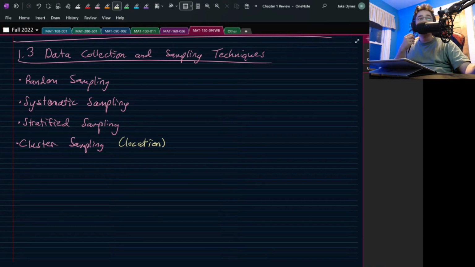It says here the population is divided into groups or clusters by some means such as geographic area, or something like that.